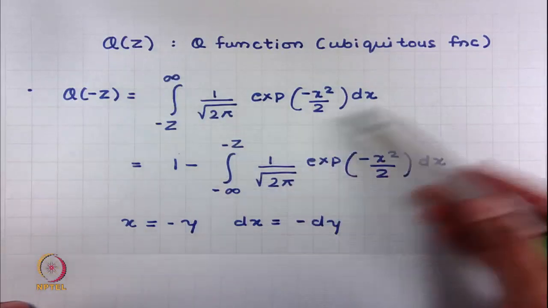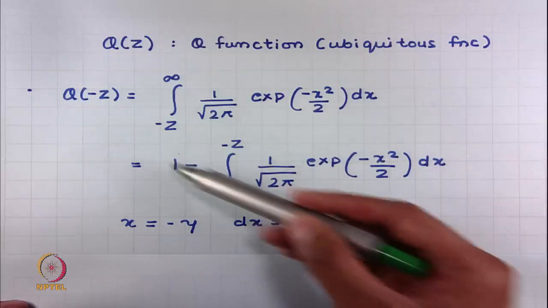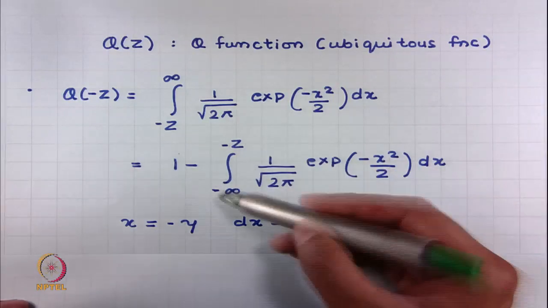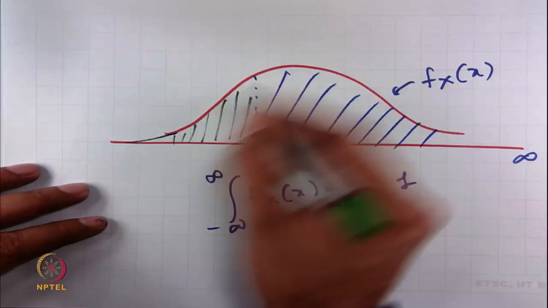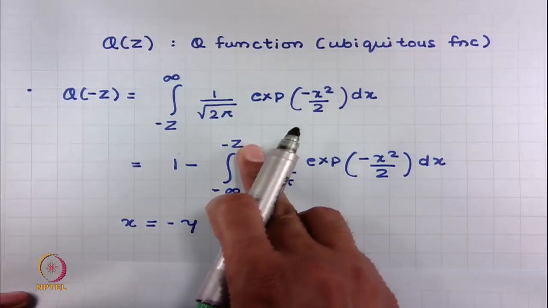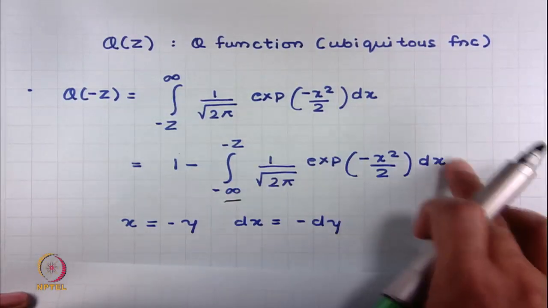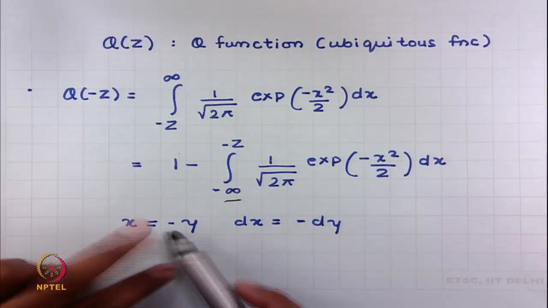So, this gives me a blue area and this blue area is 1 minus green area. What is the limit? To compute this area you have to compute the integration from minus infinity to minus z, okay, and the probability density function is same.